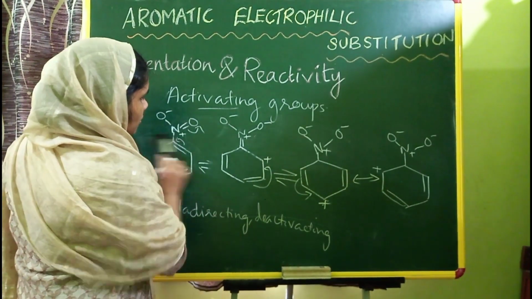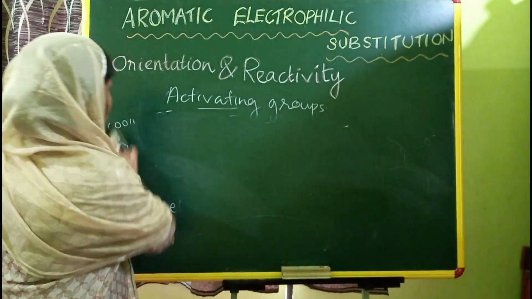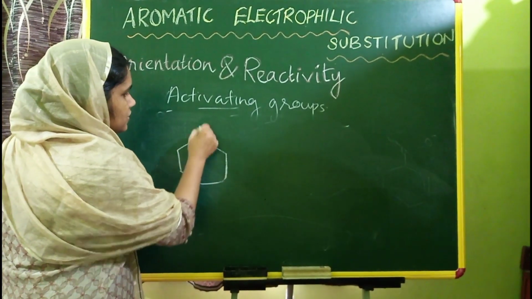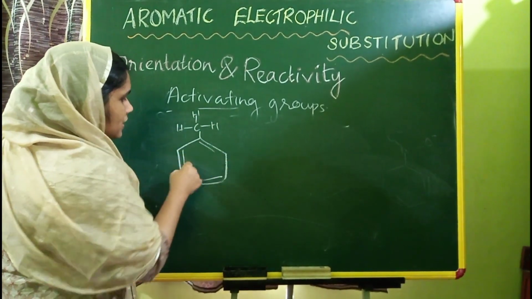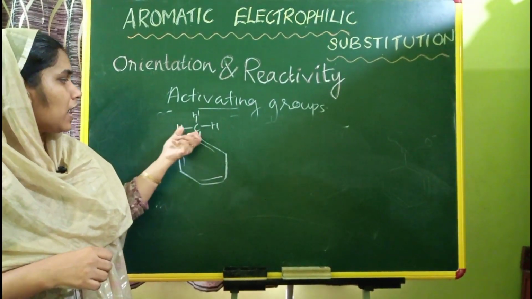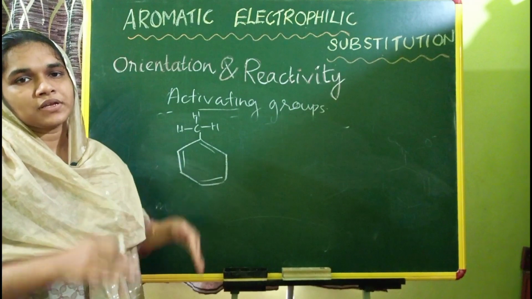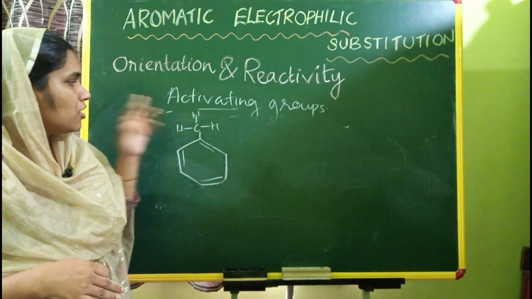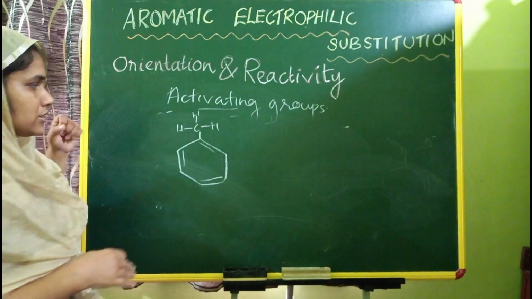Similarly, you can draw the hyperconjugative structure in the case of toluene, CHH. Here it is also an activating group because the alkyl group is a plus I effect group, so it will increase the electron density of this ring using the plus I effect and also hyperconjugative stabilization.